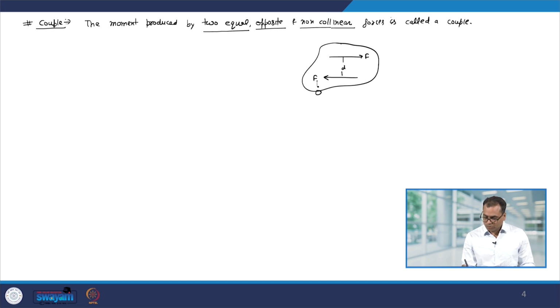Okay. So, what do you do? From O you draw a perpendicular distance and let us say this is S and you calculate the moment about O. So, this force has a tendency to rotate about O in the clockwise direction. So, therefore, it will be negative, and this force about O has a tendency to rotate in the anti-clockwise direction. So, therefore, this will be positive.